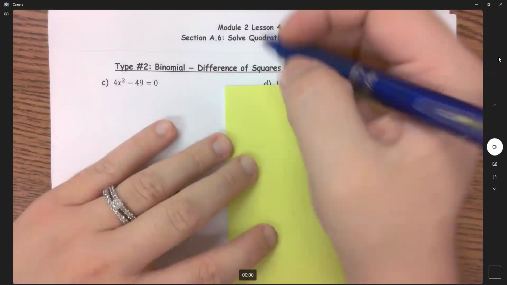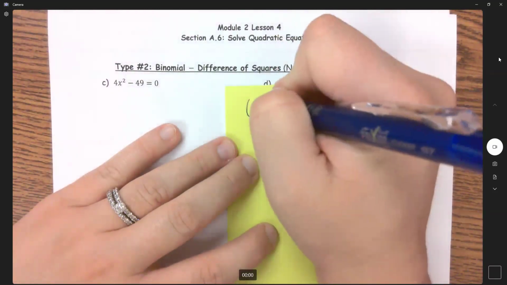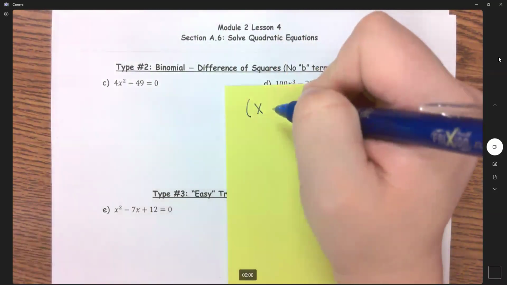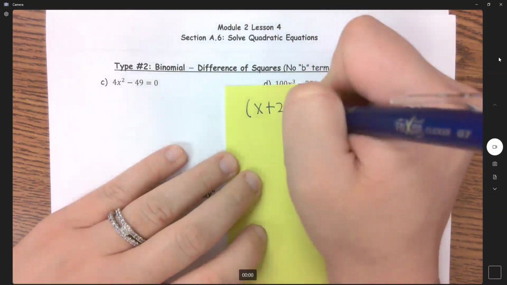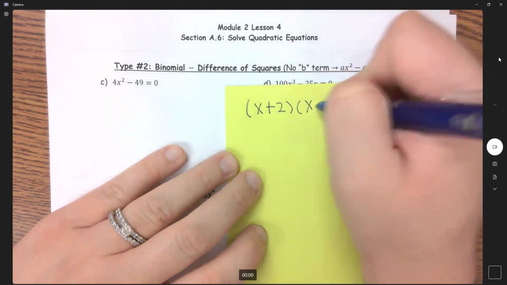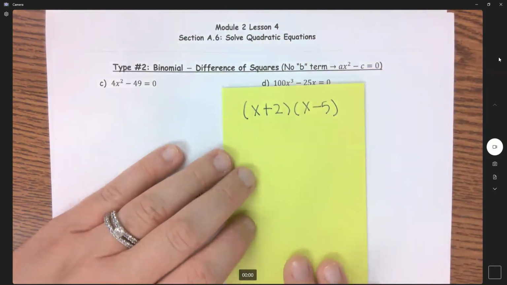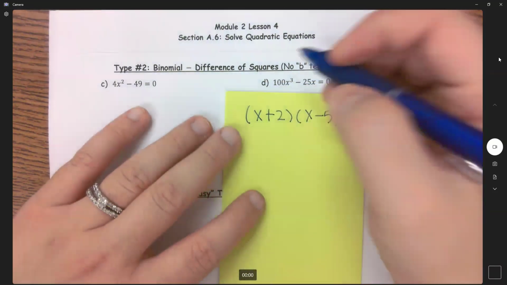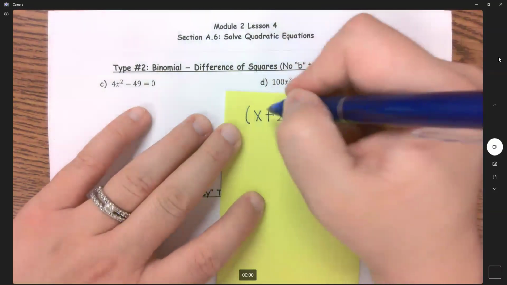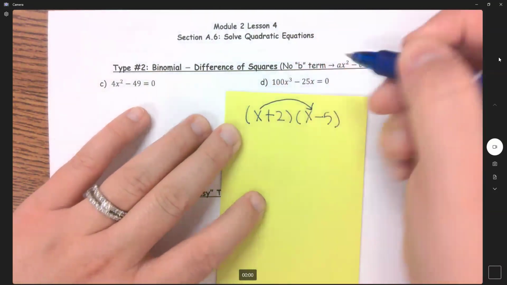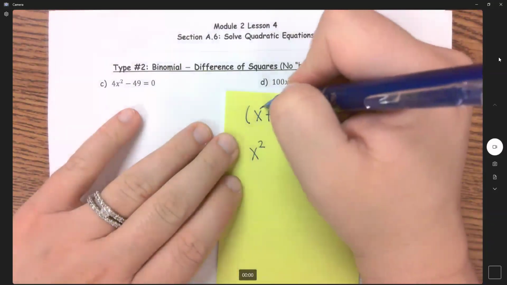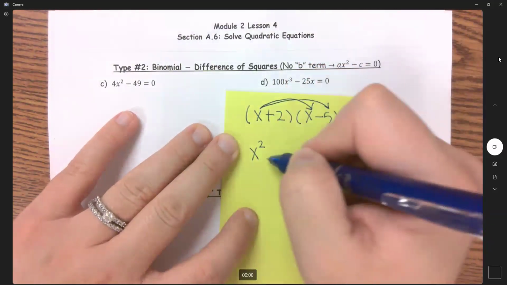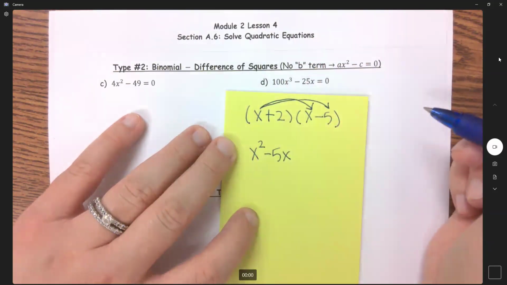So for example, if I had binomials, let's say x plus 2, x minus 5, we would have to FOIL this, right? So we would have x times x for my first, which is x squared, x times -5, which is -5x.